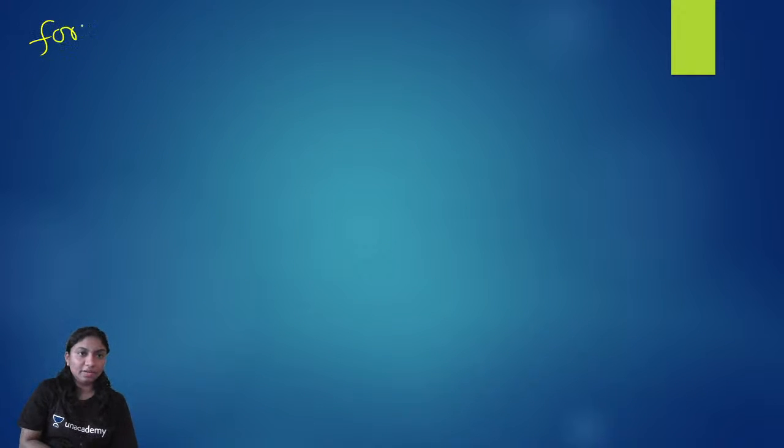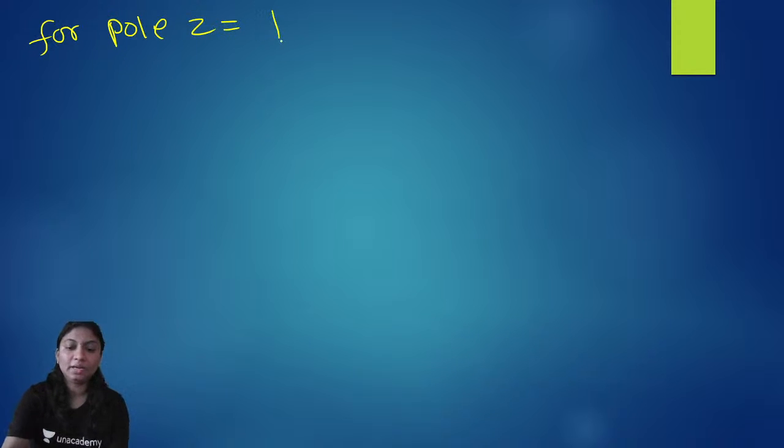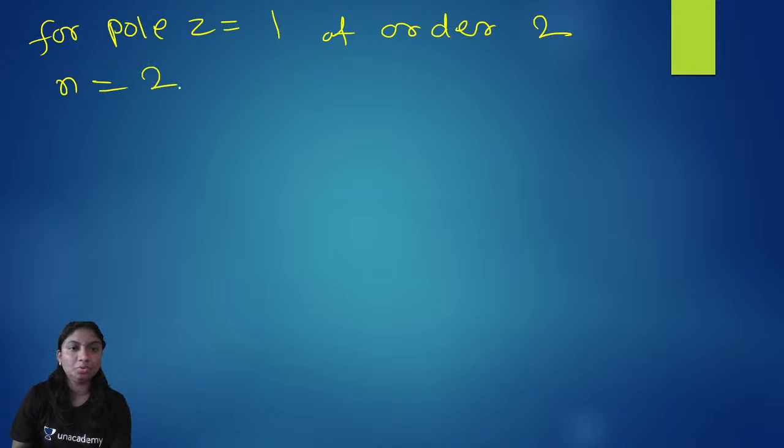Calculate the pole z is equal to 1, right? It is a pole z is equal to 1 of order 2. So here n is equal to 2, right? So we can calculate the residue for order n is equal to 2.